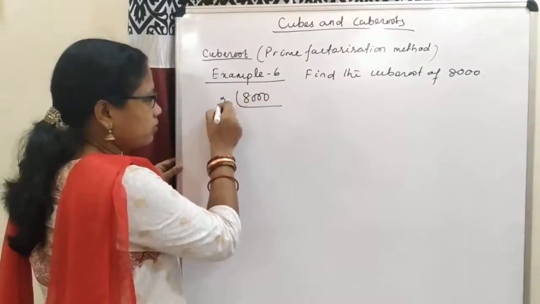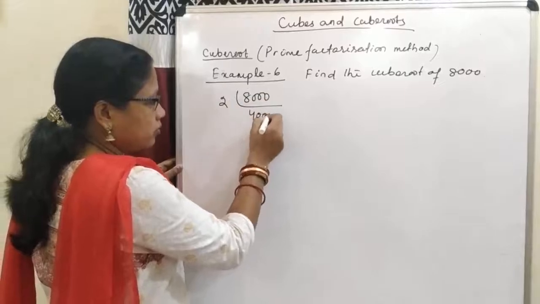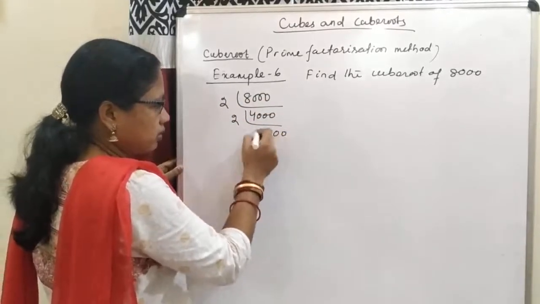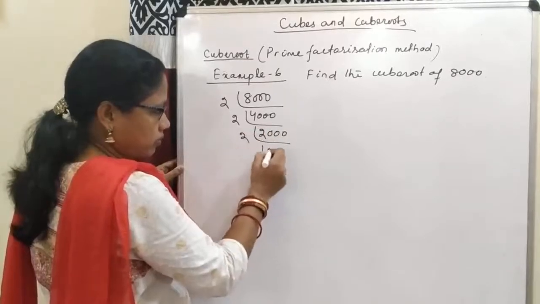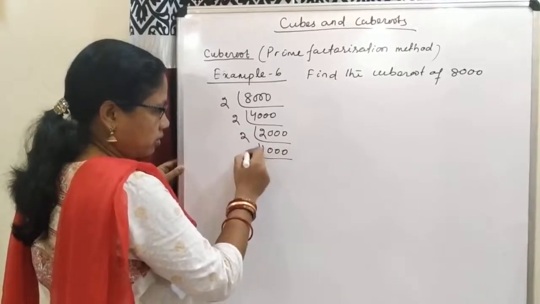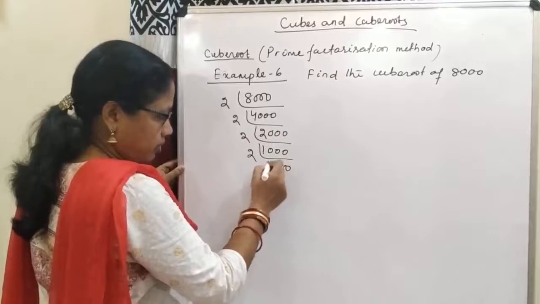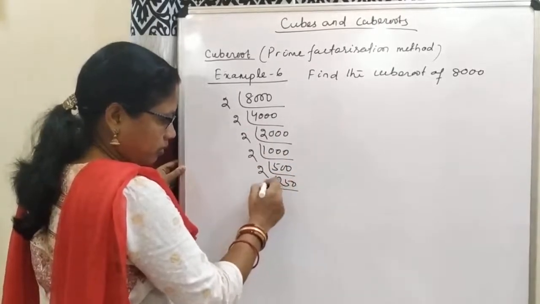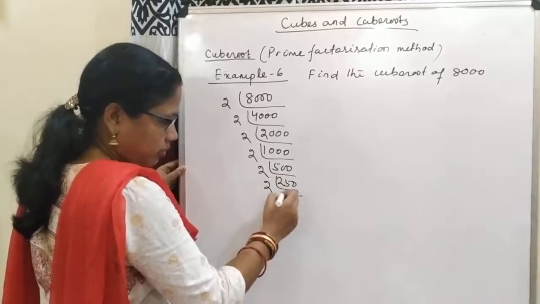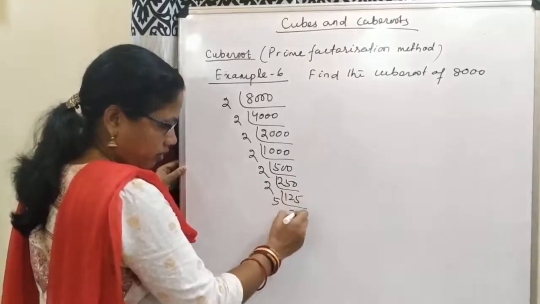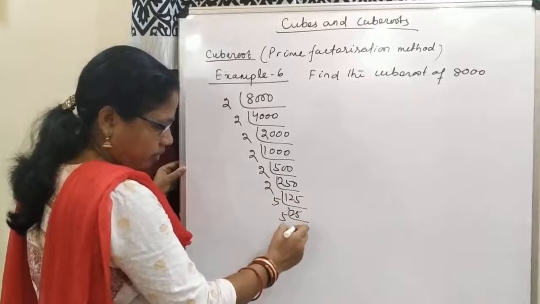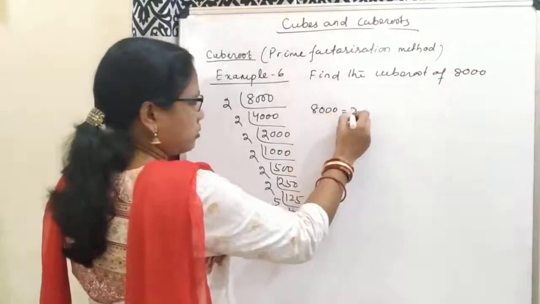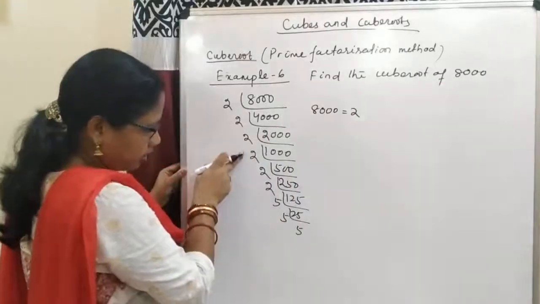Divisible by 2, that is 4000, then 2, 2000, then 2, 1000, then 2, 500, then 2, 250, then 2, 125, then 5, 25, 5, 5. So 8000 is equal to, how many 2's are there? 6.